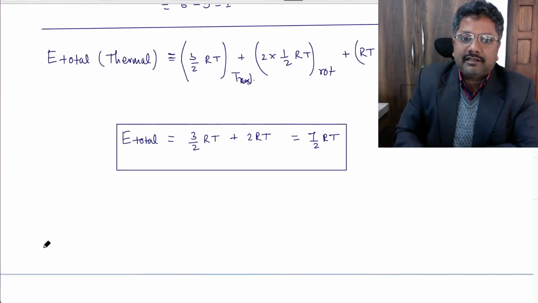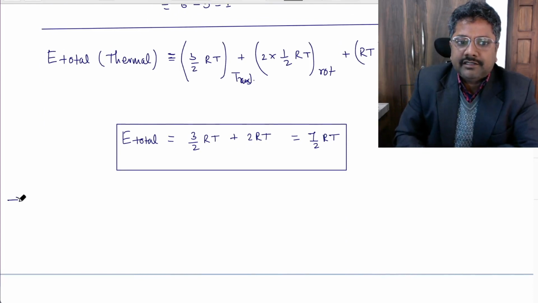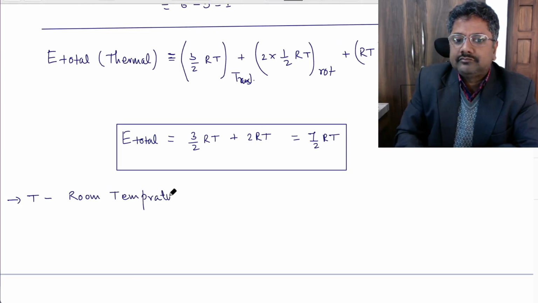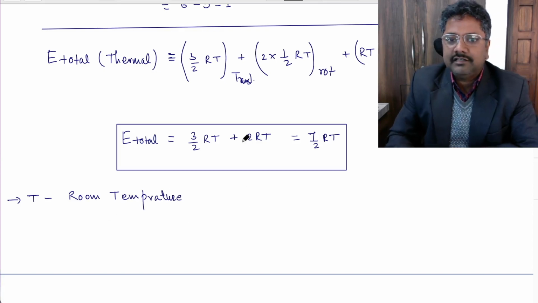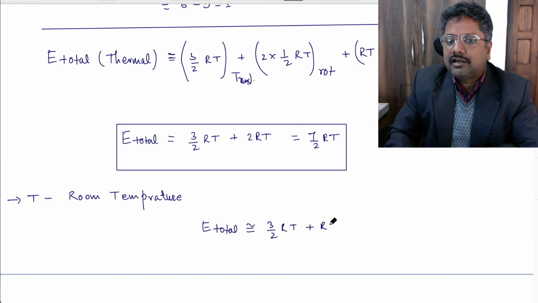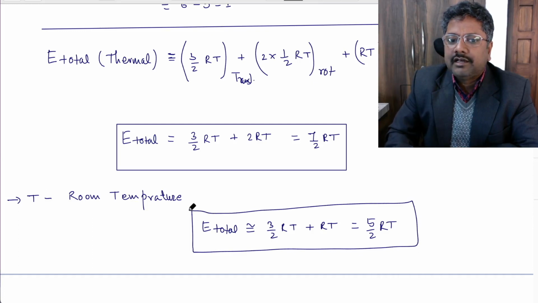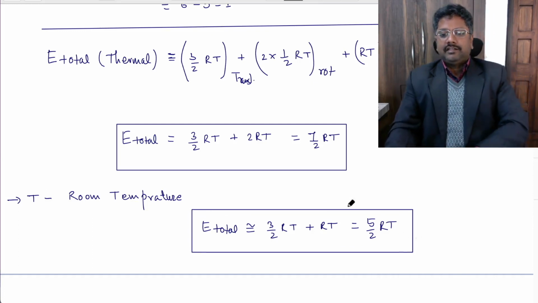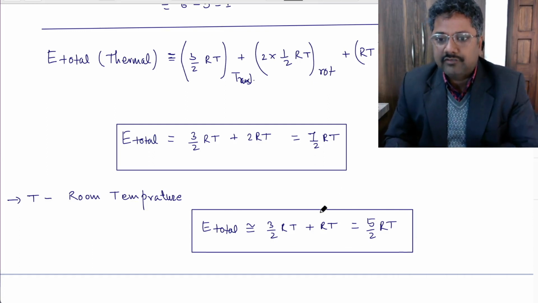So you can write here, if T is room temperature, then E total is equal to 3 by 2 RT plus RT, which is equal to 5 by 2 RT, right? In most of the physics books, you will get this energy 5 by 2 RT for diatomic molecules, right?